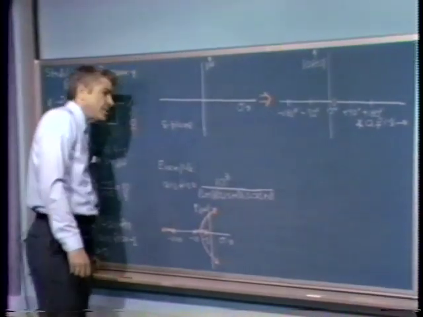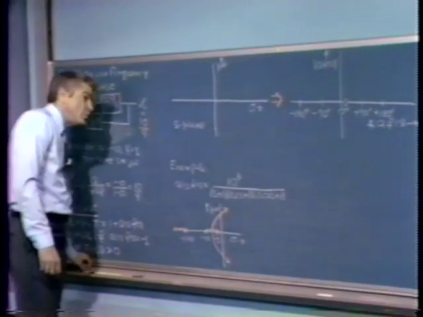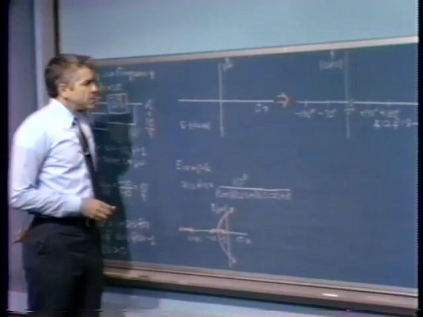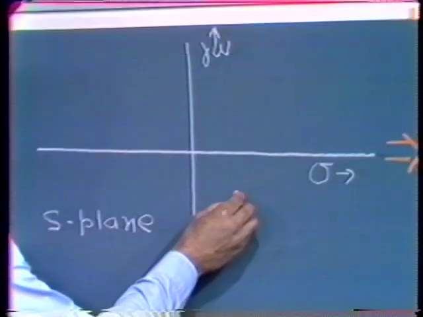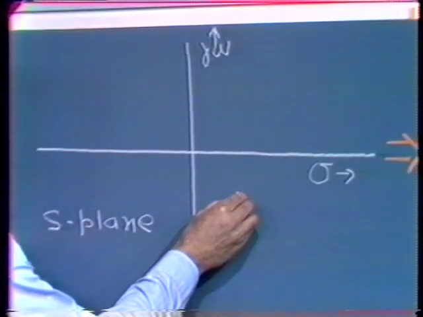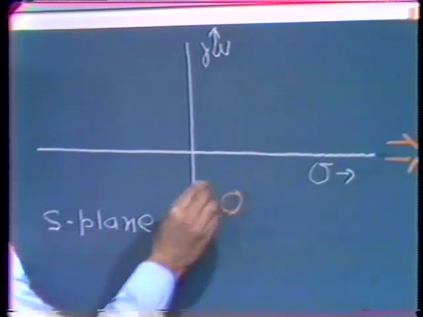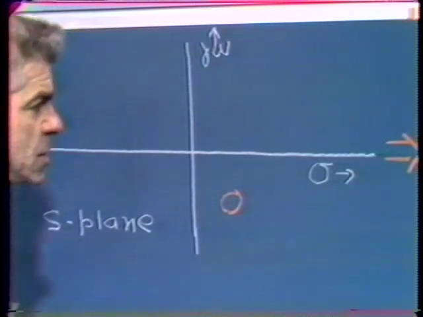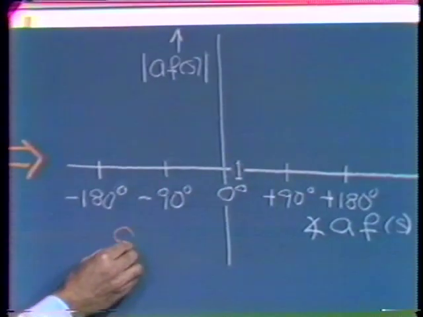And there are certain properties of this mapping that are useful for our investigation of stability. In particular, if we evaluate the AF product as S takes on values lying on a small circle in the S-plane, we find that we get a small circle in the AF plane.